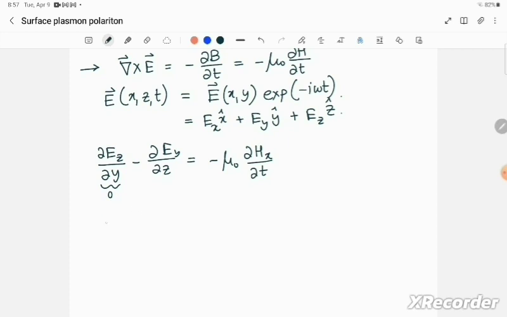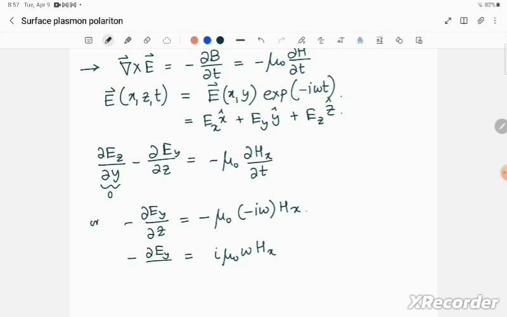So what we are left with is minus mu naught, and the derivative with respect to time will give you a minus i omega Hx. This typically boils down to i mu naught omega Hx. So this is our number one relation.